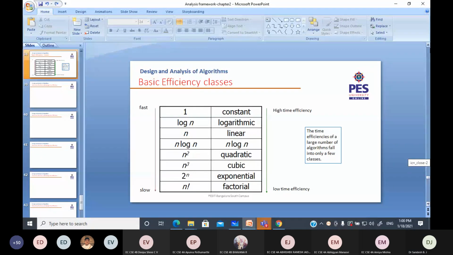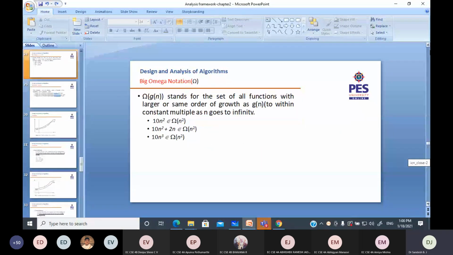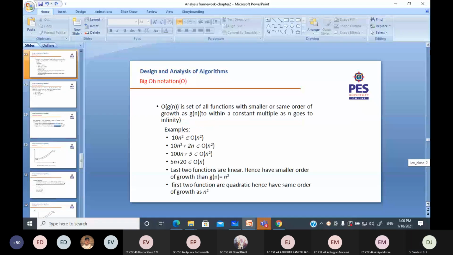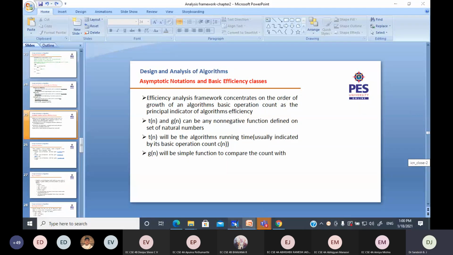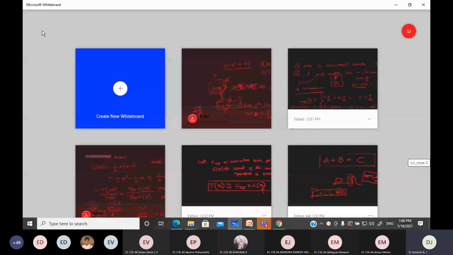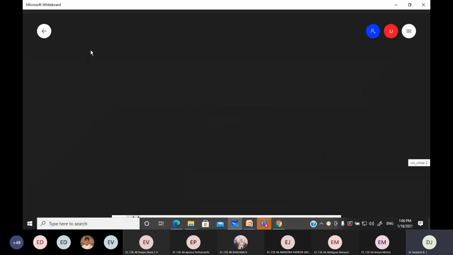Then we will have two sets of functions, g of n and t of n, which we are going to discuss in the next class, that is asymptotic notation.